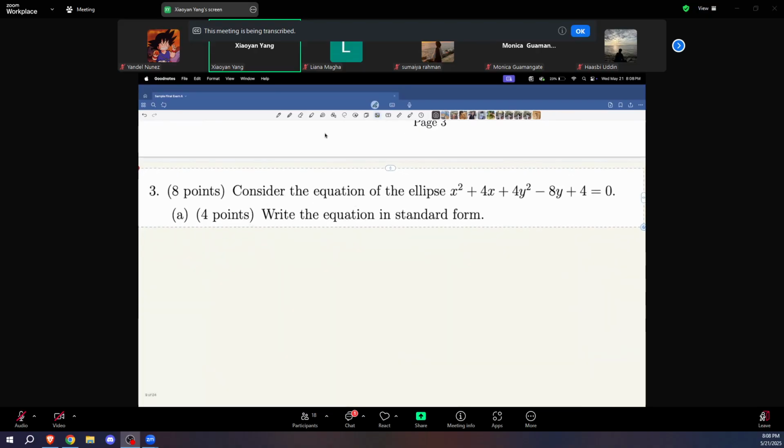First we group x with x, leave space, and y with y. The constant goes to the other side, positive becomes negative. Then we pull out the common factor 4. Pulling out 4 means dividing: 4y squared over 4 is y squared, negative 4y over 4 is negative 2y. That's it. So the right-hand side is 2, negative 4.